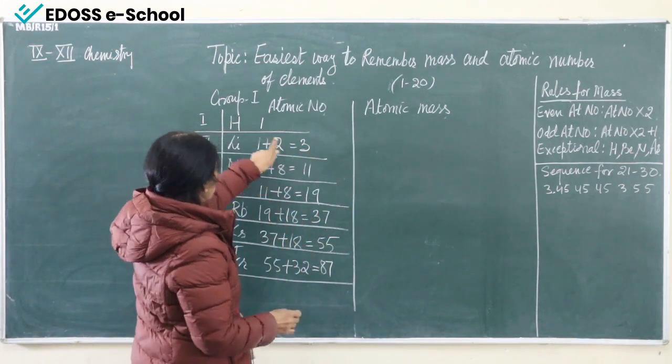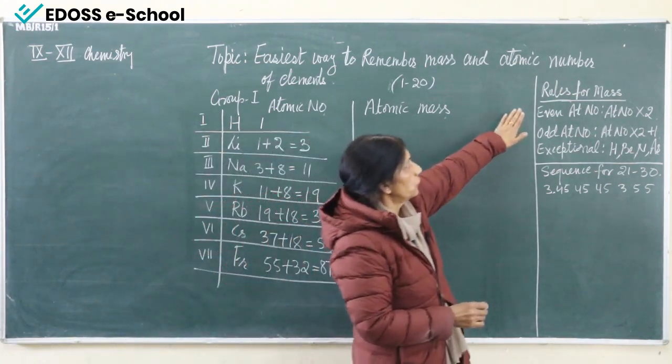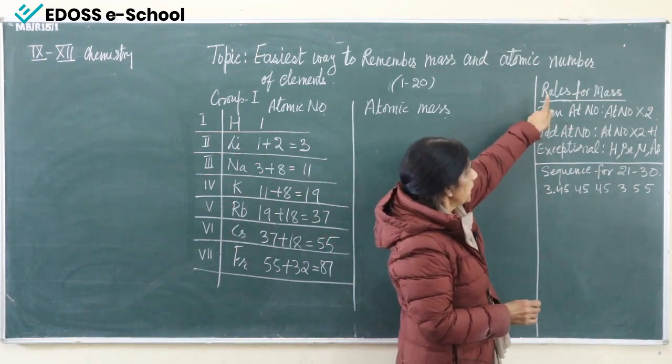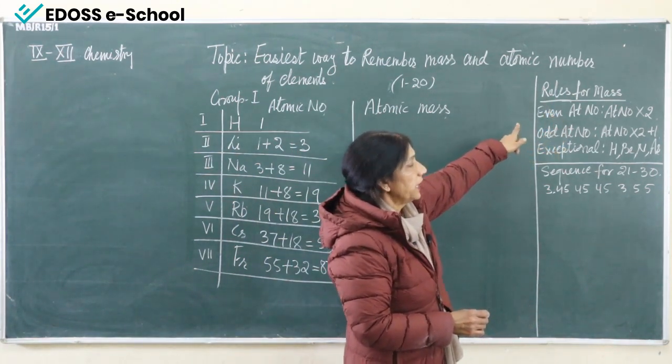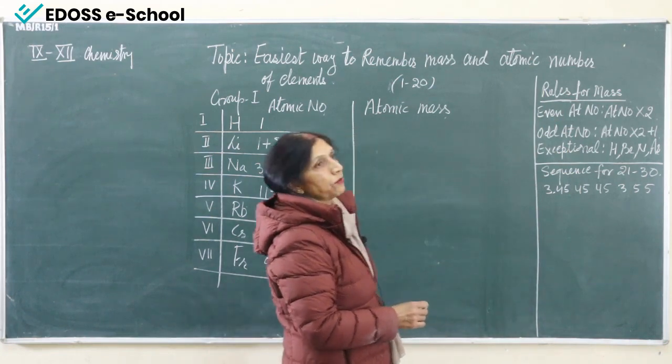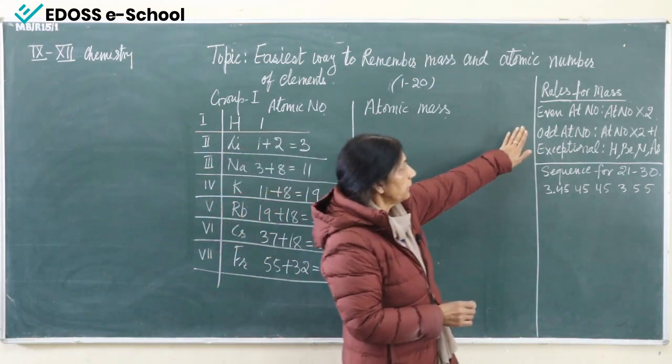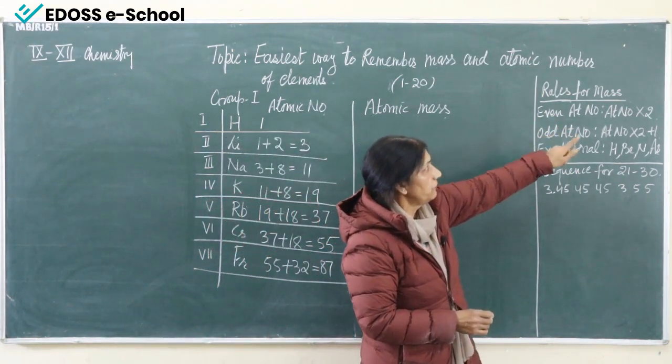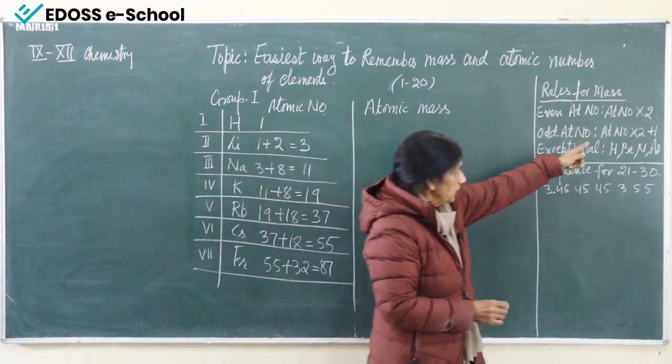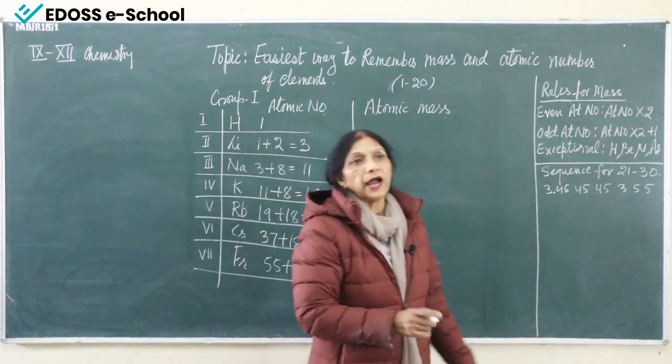Now see here, for atomic mass I have written a few rules. If the atomic number is even, then we have to multiply the atomic number by 2. And if the atomic number is odd, then we have to multiply the atomic number by 2 and add 1.